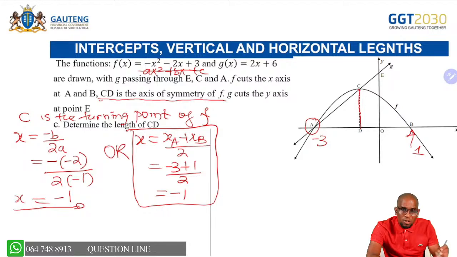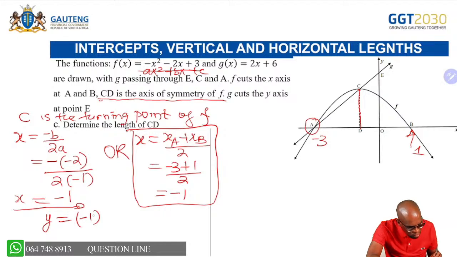So now I know the value of x at the turning point. So I need the value of y. To find the value of y, I'll need to substitute x back into the original equation. So I will have negative into negative 1 all squared minus 2 into negative 1 plus 3.